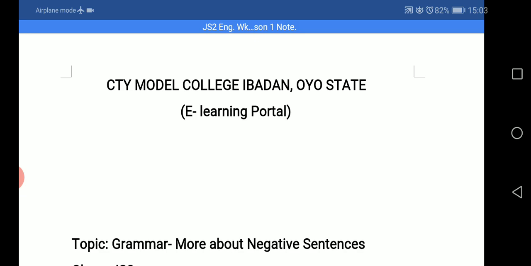We can also change a positive sentence that doesn't have an auxiliary into a negative sentence by adding an auxiliary like do, does, did, and adding not after them.